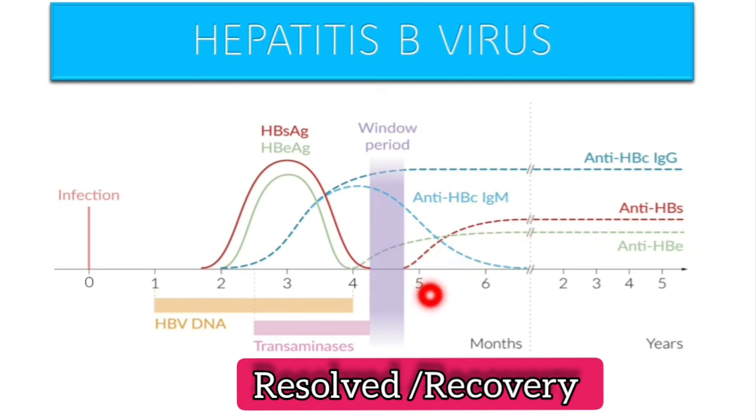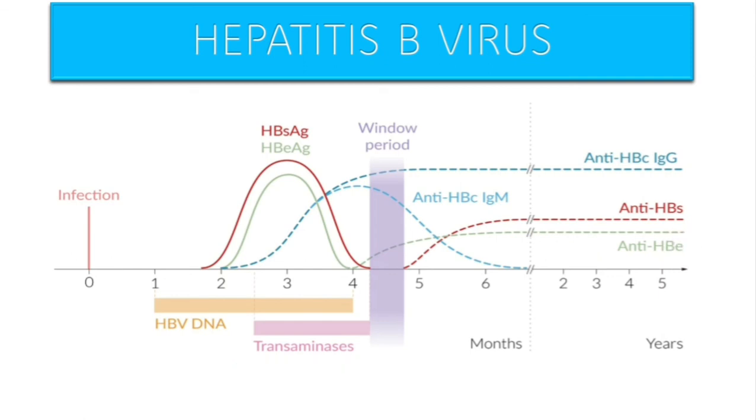Okay, so after this window period, you see the IgG antibodies against the core antigen. You see the anti-HBV surface antigen and the anti-HBV envelope antigen. All right.